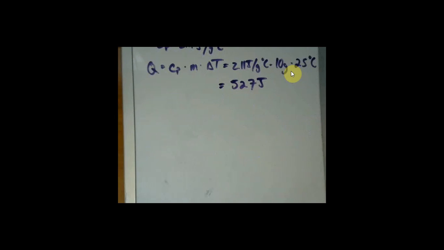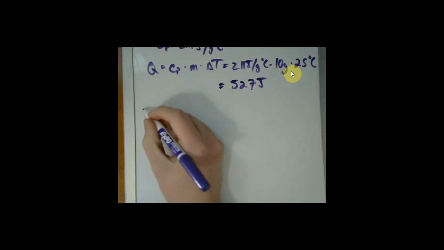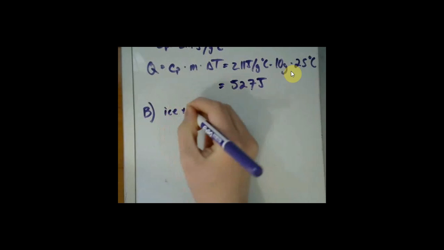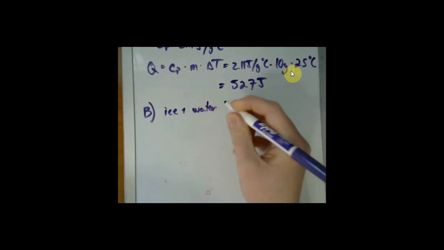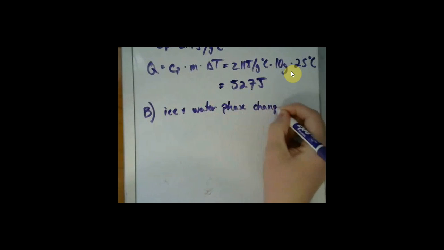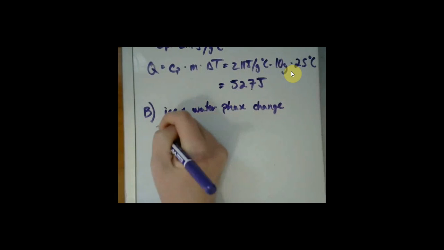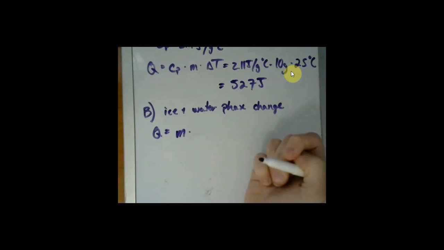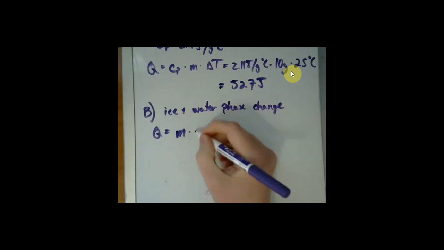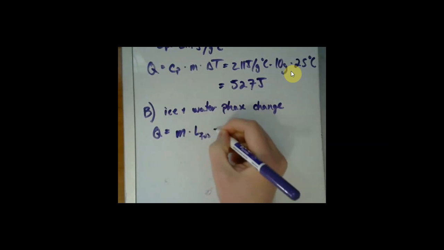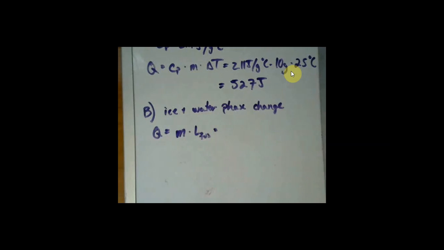Let's move on to letter B. So B is going through our phase change. We have ice plus water phase change. So this is going to look similar, but a little bit different. Q is going to be equal to the mass of our ice plus water times our L of fusion. Okay, so that's going to be the latent heat of fusion.